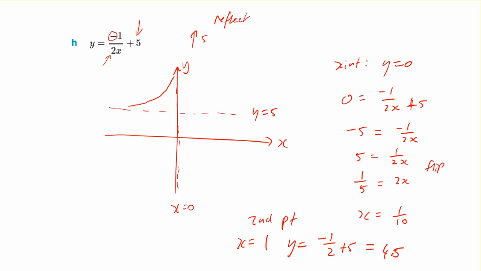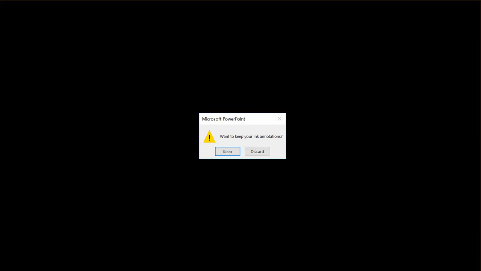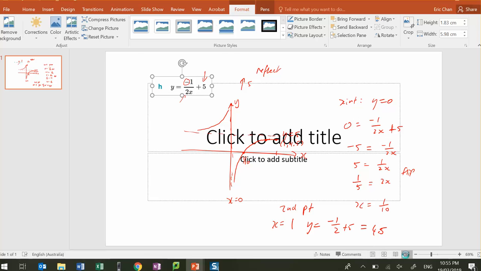Okay, so 1 would be somewhere over here. Because if this is a 10th, 1 would be further down. So 1 would be somewhere over here. Okay, so this would be your point 1, 4.5.